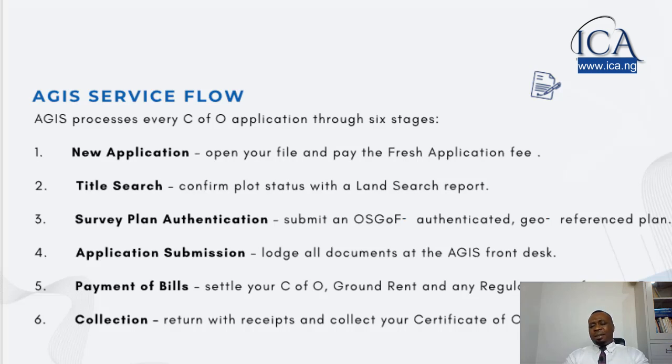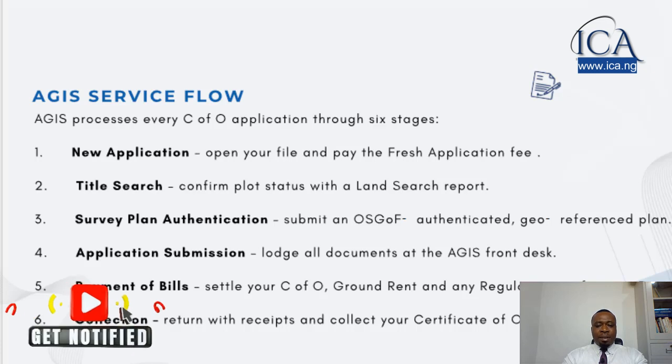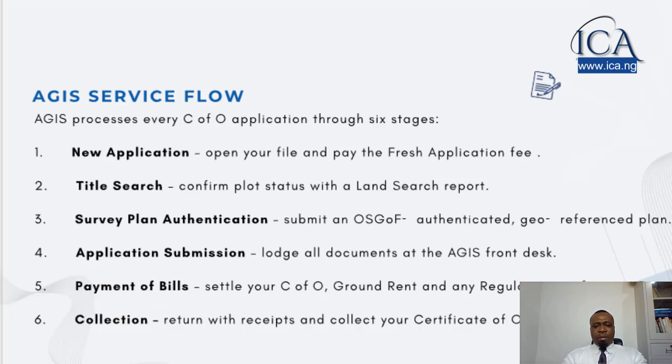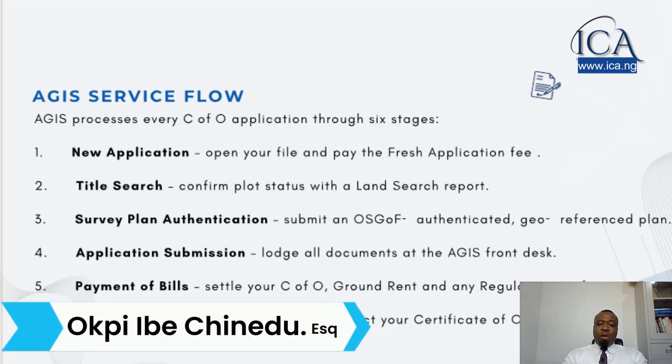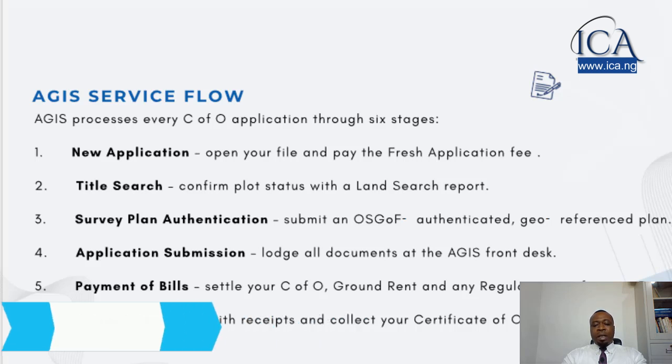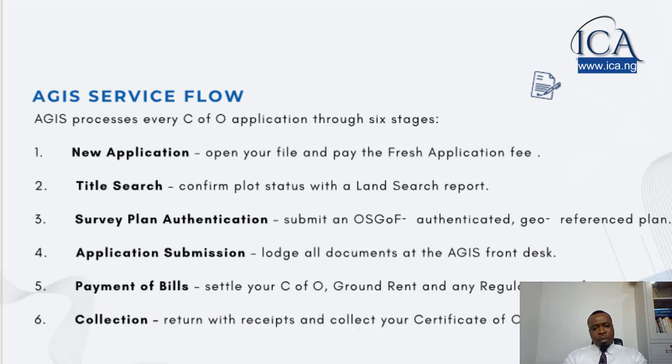But before that, you have to confirm your plot status with a land search report. And thereafter, you have to submit an authenticated georeferenced plan. Then, for the application submission itself, you lodge all documents at the AGIS front desk.